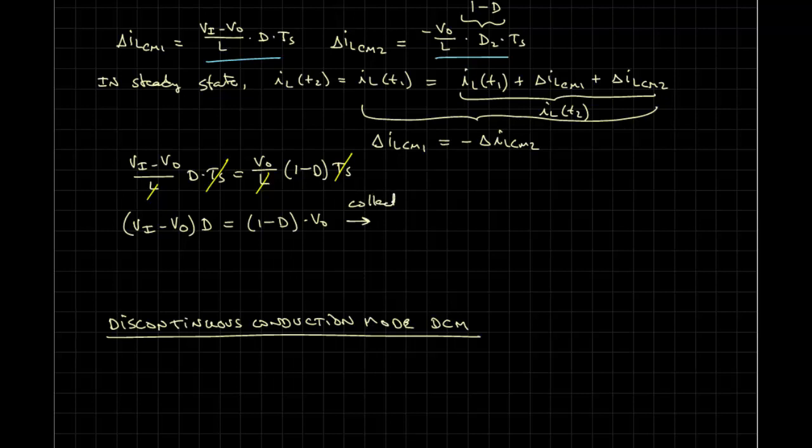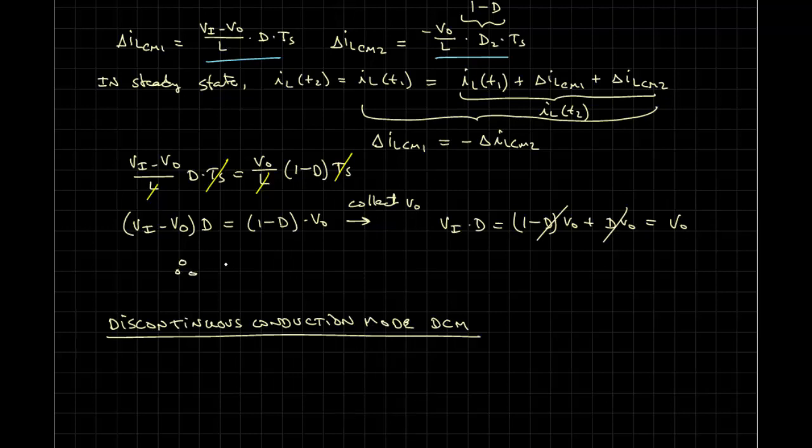We collect the terms, Vo in particular, and we have Vi times D is equal to 1 minus D Vo plus D Vo, and that ends up canceling these, so we end up with just Vo.